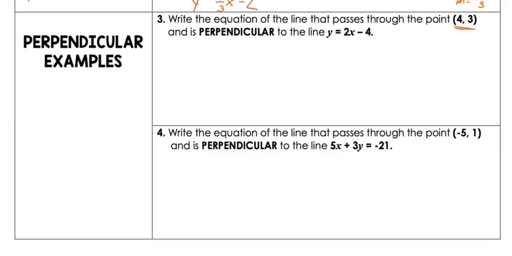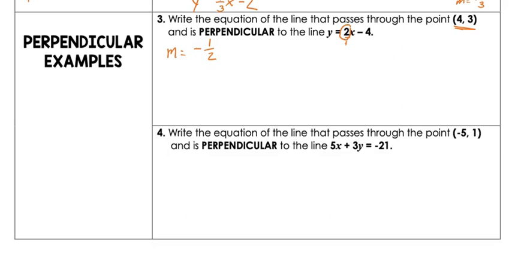Now I'm already in slope-intercept form, so I know what my slope is. My slope here is 2, but I don't want to use the 2. I want the opposite reciprocal. So I'm actually going to use the slope of -1/2, because it says like 2/1. Okay. And I've been given a point, so we're just going to go right back into point slope form.